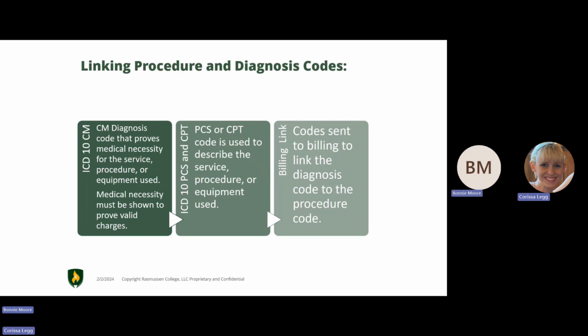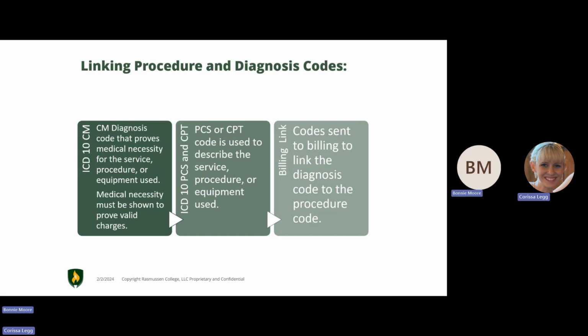So let's talk about linking procedure and diagnosis codes, because even though we're not going to look up procedure codes, it's important to understand on your exam, and for billing, how this works. So basically in a billing form, again, it's what's called medical necessity for the service.